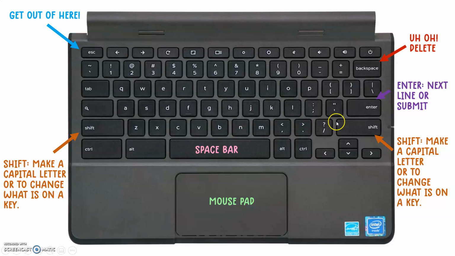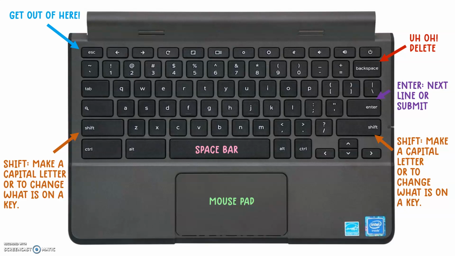Another important key to know about is this one in the top right corner. It's called Backspace. And Mrs. Stalker wrote a note here. It says, uh-oh, delete. Because sometimes we might type the wrong letter, or we might change our mind about what we want to say, so we need to delete it.